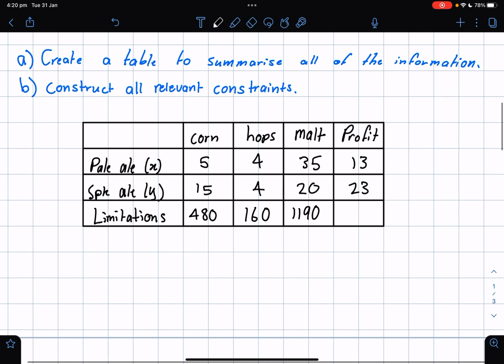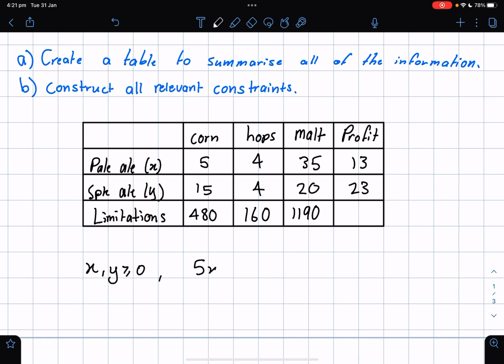So because we're working with objects, we know X and Y have to be greater than or equal to 0. They can't be negative, okay? They're our first two constraints. Now, if you set up your table properly, all you have to do is read down our columns. Okay, so our first one, let's look at the corn column.